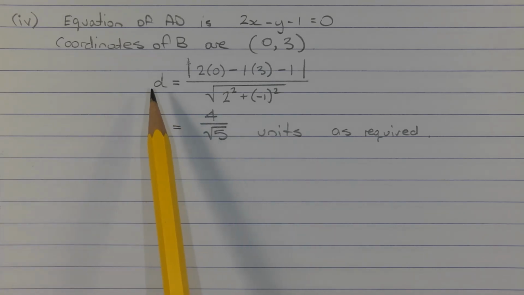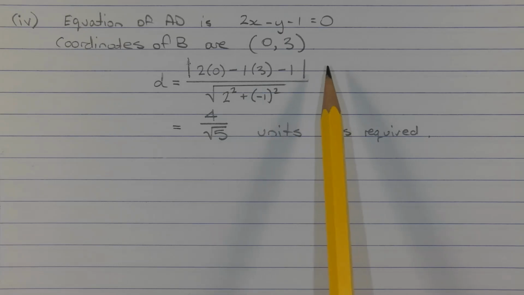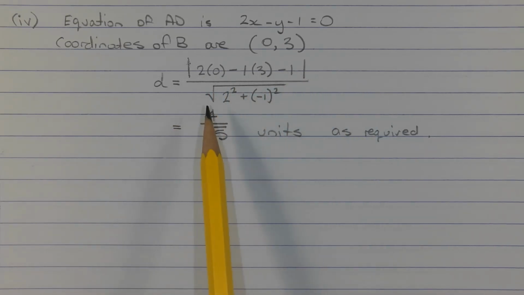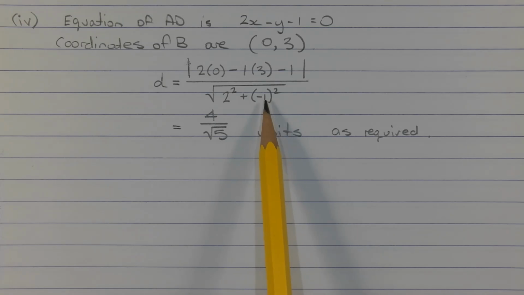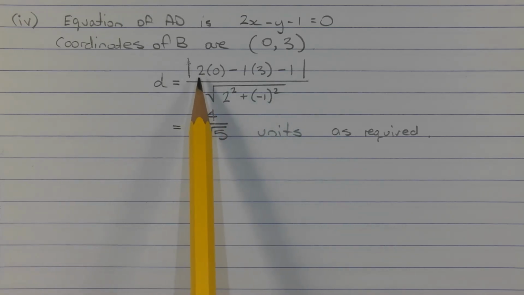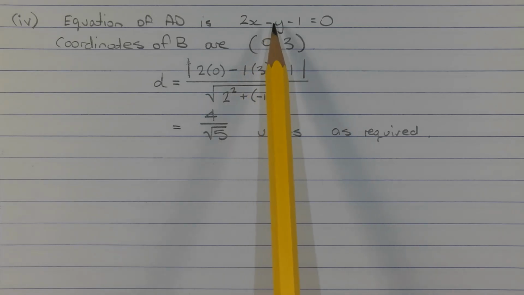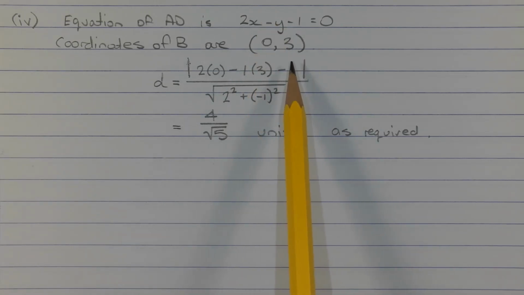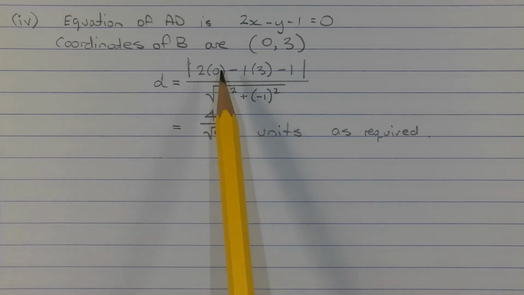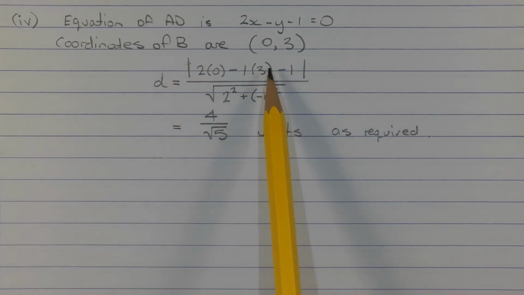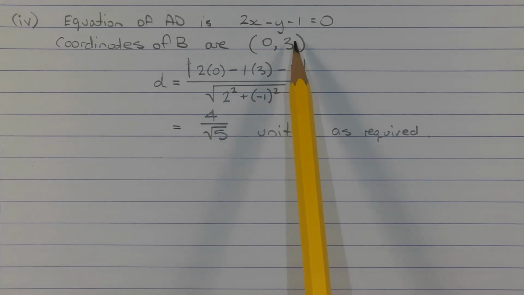That is, the perpendicular distance D is equal to the absolute value of ax1 plus by1 plus c over the square root of a squared plus b squared, where a in this case is the coefficient of x, which is 2, the b is the coefficient of y, which is -1, the c is the constant term, which is -1, the x1 is the x-coordinate of point B, which is 0, and the y1 is the y-coordinate of point B, which is 3.